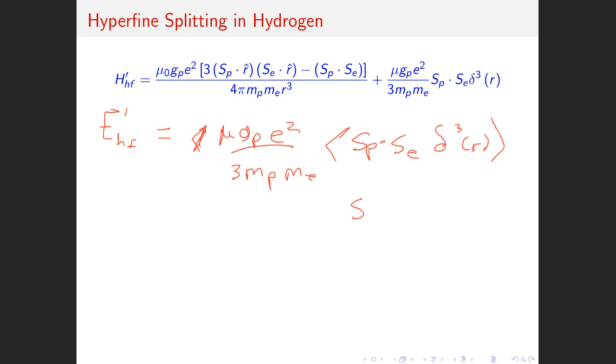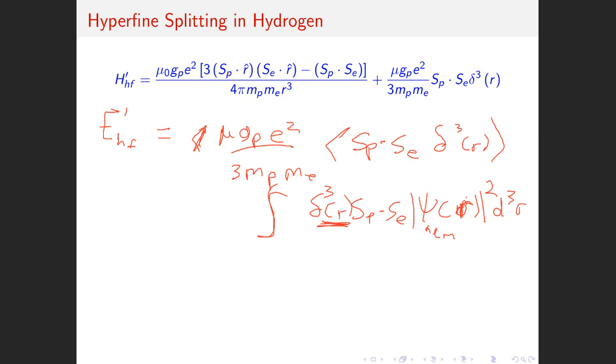So you might get something S_P dot S_E, but this will just be some hydrogenic atom, let me just call it n l m, squared, d3r, but it's being acted on by this Dirac delta function. So what is the end result?